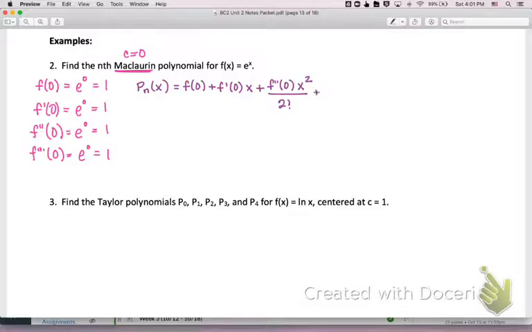The next one would be 3, 3, 3, f triple prime of 0 x cubed over 3 factorial. Plus, this is going to go on forever because we want it out to the nth. But the last one is going to be the nth derivative at 0 times x to the n over n factorial.